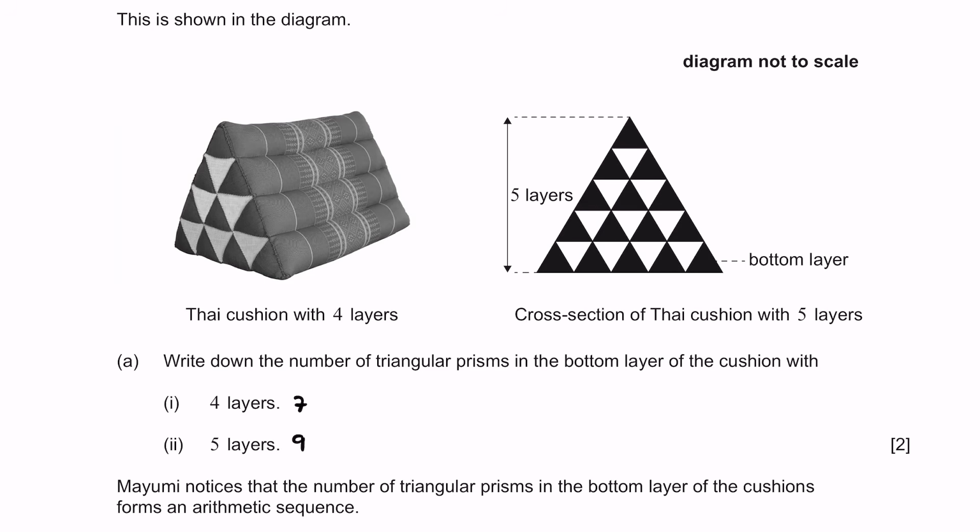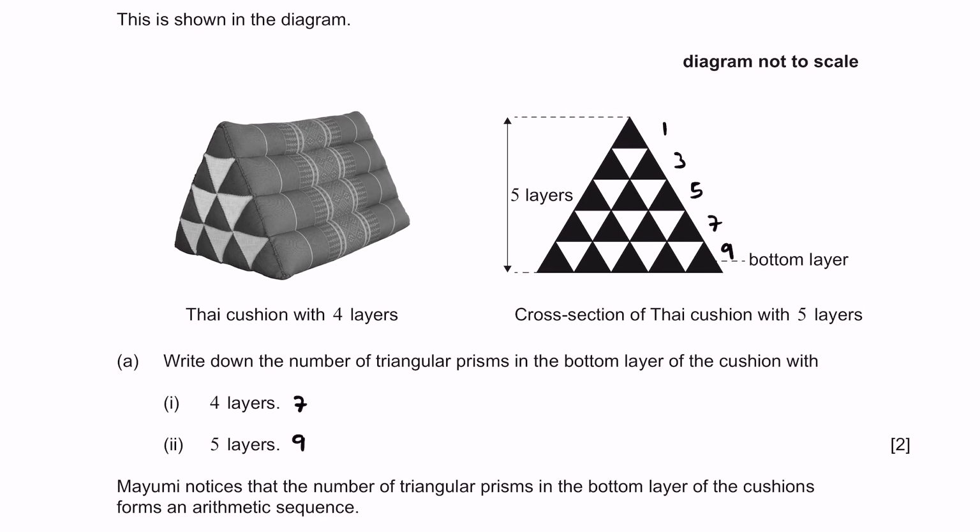So let's look at the number of triangular prisms in each of these layers, and then we'll find the common difference. So in the first layer, there's 1 triangle. In the second layer, there are 3 triangles. And then in the third layer, we have 1, 2, 3, 4, 5 triangular prisms. And then in the 4th and 5th layer, we already found that this was 7 and 9.